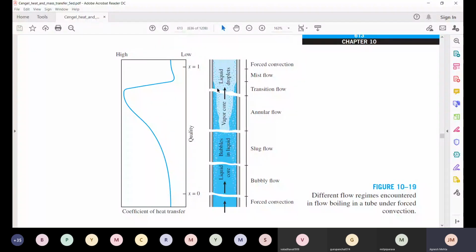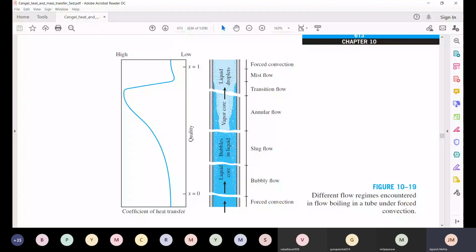At some places you may find that there is a liquid film which is clinging to the surface, but at other places the surface is exposed to vapor, but then again that surface may get covered by liquid at some point of time, and the surface which was covered with liquid may get exposed to vapor.